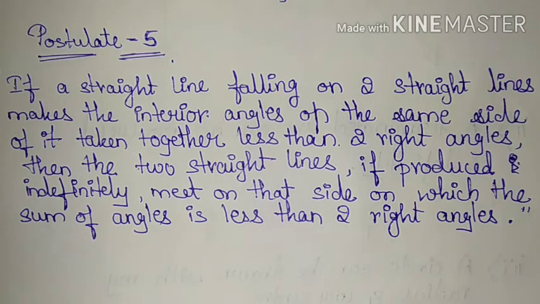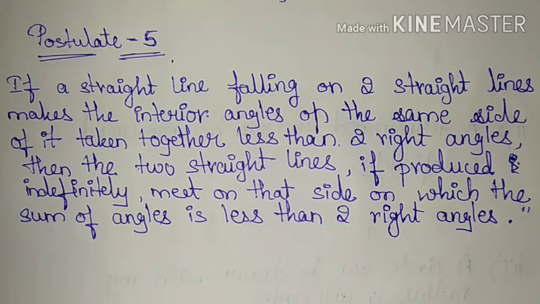It states that if a straight line falling on two straight lines, so that means there are two straight lines and a third one which is falling on them, or intersecting them, makes the interior angles on the same side of it taken together less than two right angles, then the two straight lines, if produced indefinitely, meet on that side on which the sum of angles is less than two right angles.